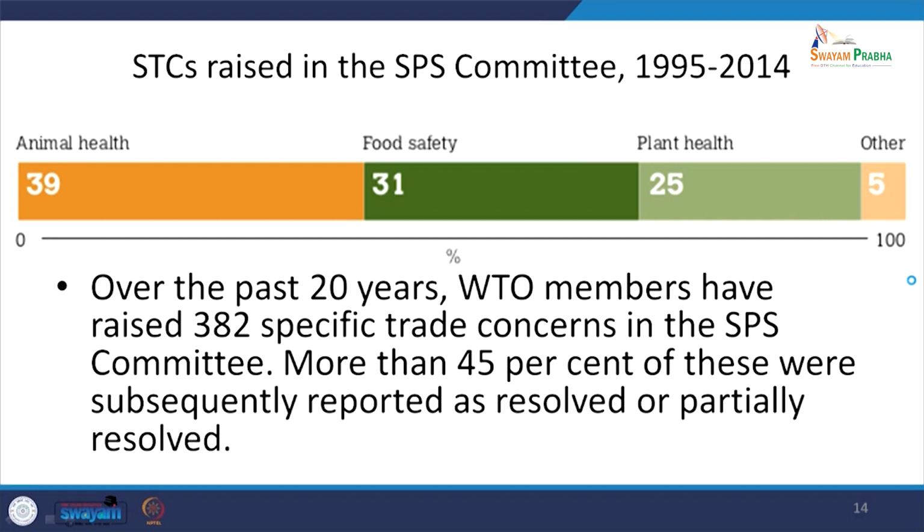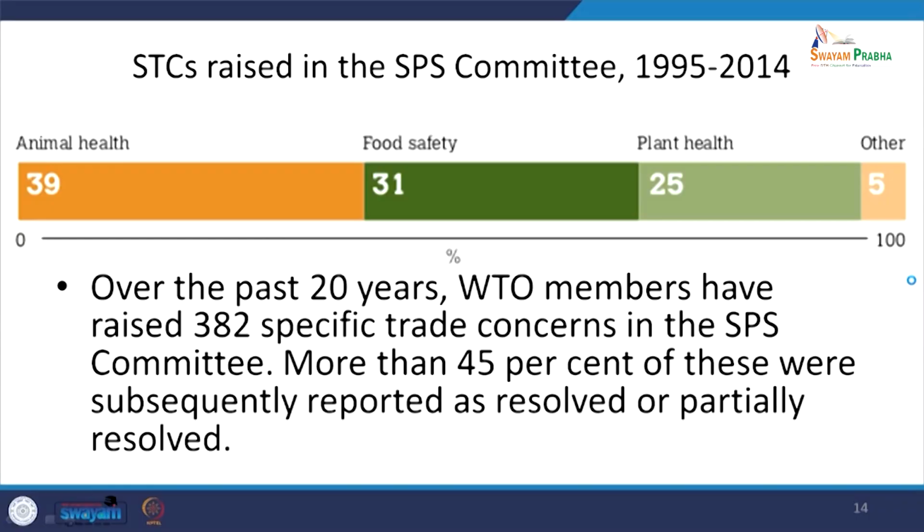So, the member countries have actually raised 384 specific trade concerns. These are exactly called specific trade concerns, STCs, in the SPS committee. Out of 382 specific complaints that have been recognized, 39% are related to animal health. More than 45% of these were subsequently reported as resolved or partially resolved.